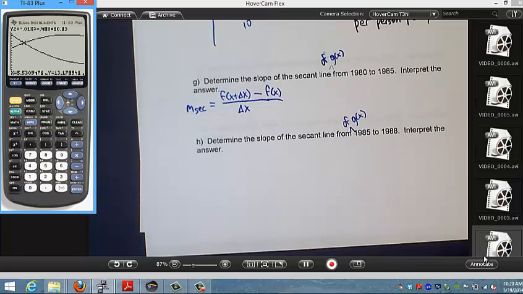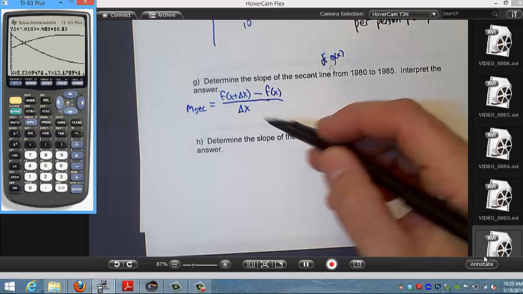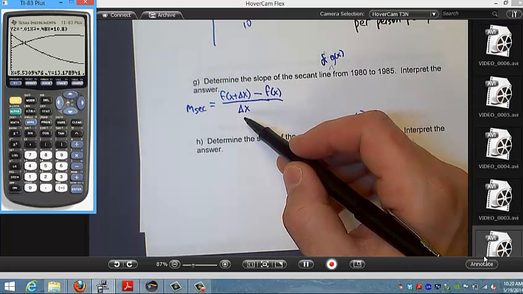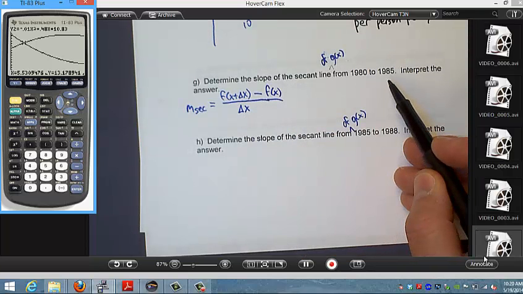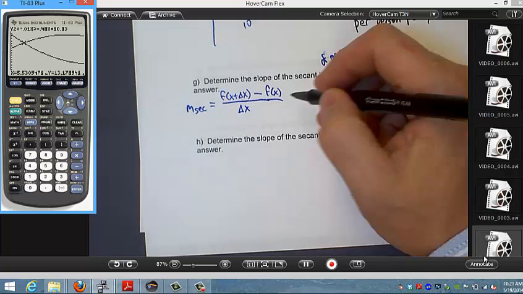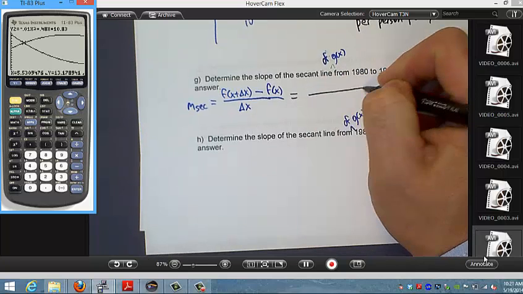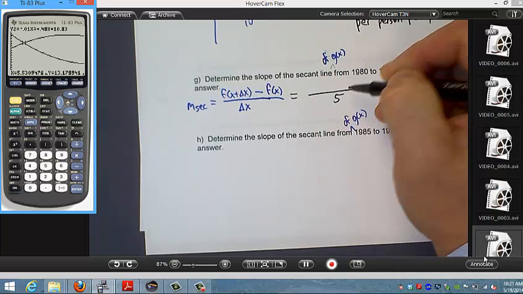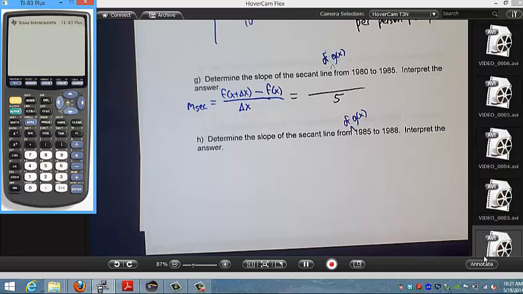Okay? So let me go ahead and show you exactly what's happening here. Delta x, that means how much are the x values changing? Well, we're going from 1980 to 1985, so we're going from 0 to 5. So how much, what's my delta x in this problem? 5. So the denominator there is 5.